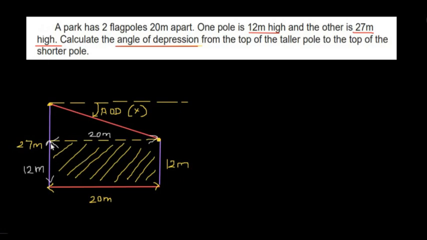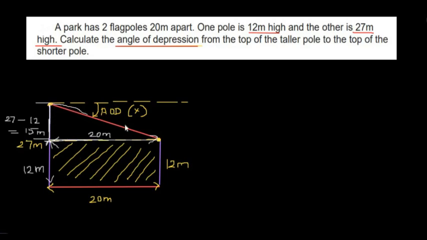Now, the height of the entire tall pole was 27 meters. Out of that, this portion has become 12 meters. So, whatever remains here is 27 minus 12, which is nothing but 15 meters. Now if you look carefully, I have made a right angled triangle over here.